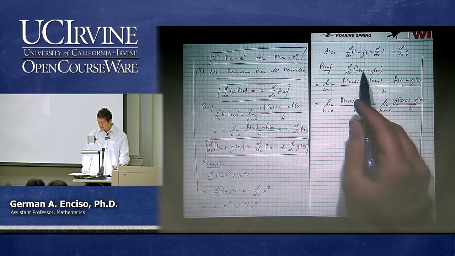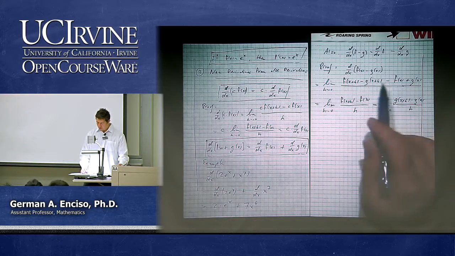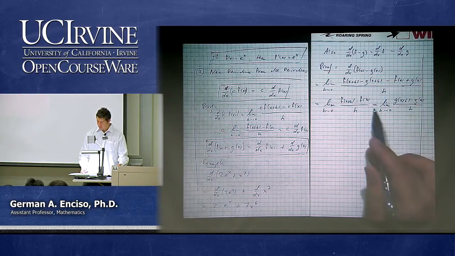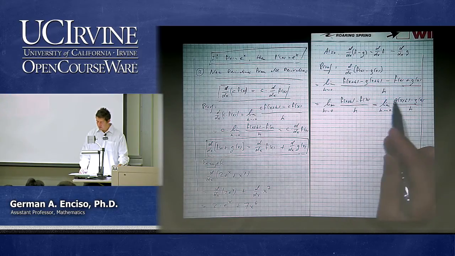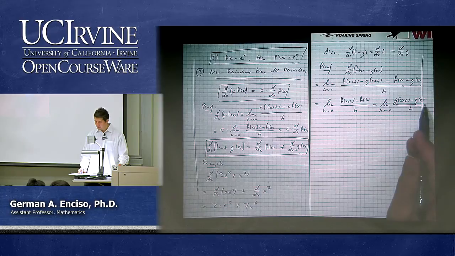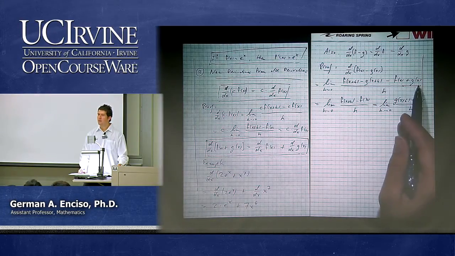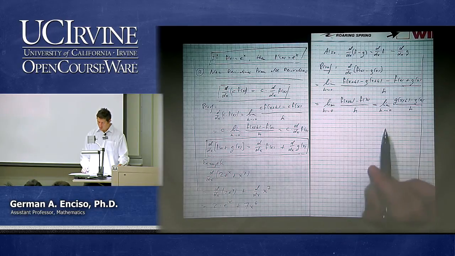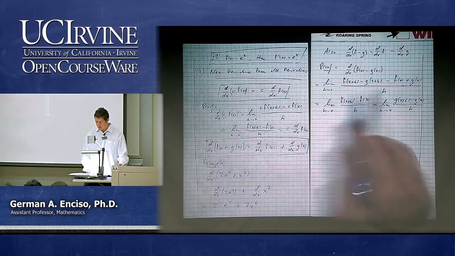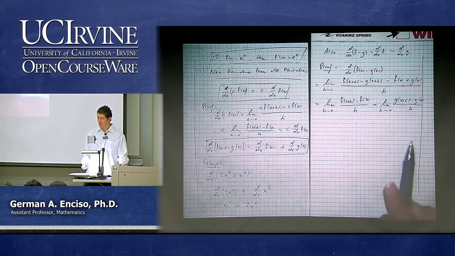Notice that this minus turned into a plus, but then when I break it off into two fractions, it turned again back into a minus. If I wanted to write this again as a fraction, I'm writing minus this whole thing, so this becomes minus g of x plus h plus g of x. Okay, so you get back this sum over here. The business with the minus is really not that relevant here. We can also just write plus all over the place and it will be the same thing.